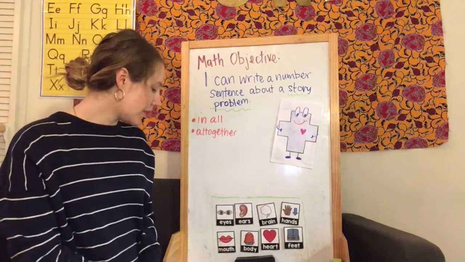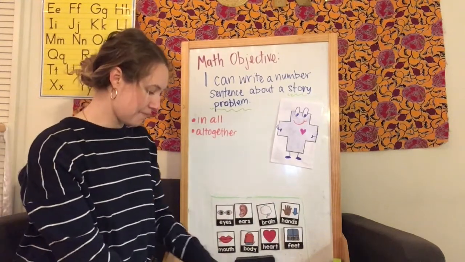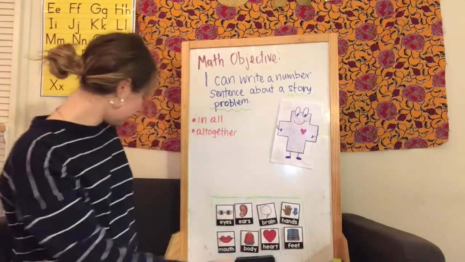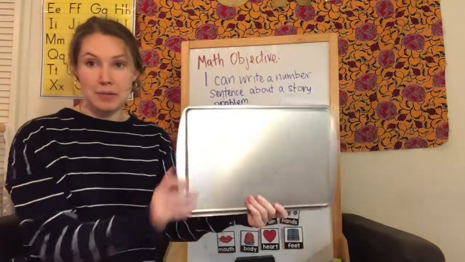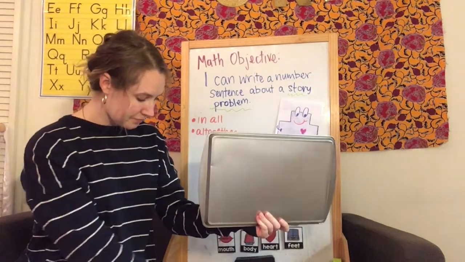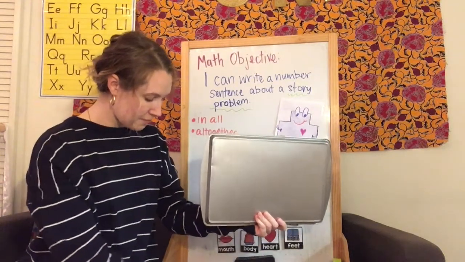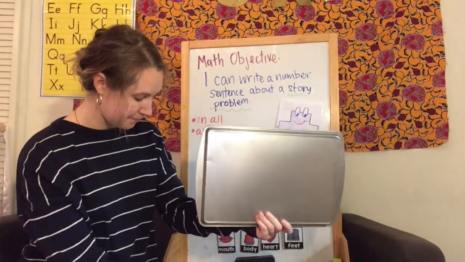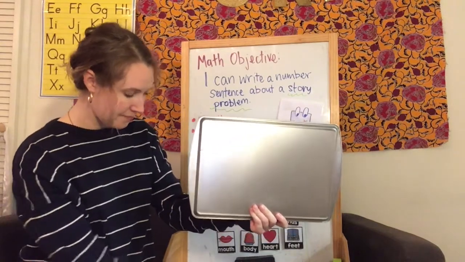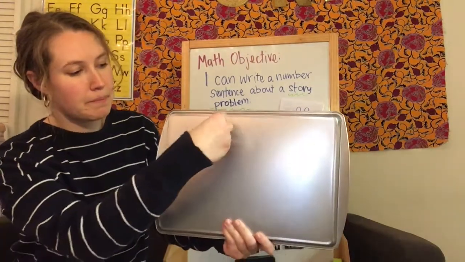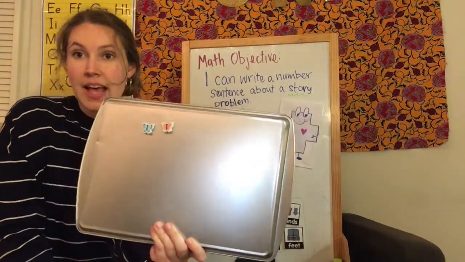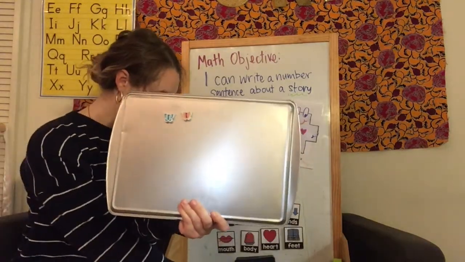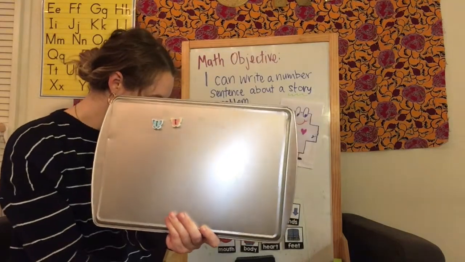So here is our story problem for today. Here's my little board that I'm going to be showing you the story problem on. So here's my little story. One day, there were some butterflies, two butterflies flying, and they saw some birds.